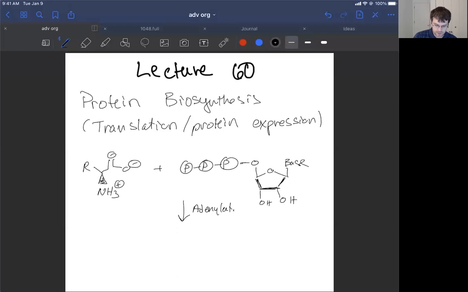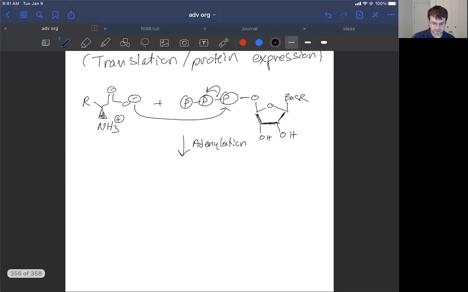In adenylation, you allow the nucleophile to add to the phosphate closest to the oxygen that's part of the adenosine. So that introduces an adenosine monophosphate site onto your molecule. Here we're going to rely on the carboxylate. We're going to add to this phosphate and push off the diphosphate leaving group.